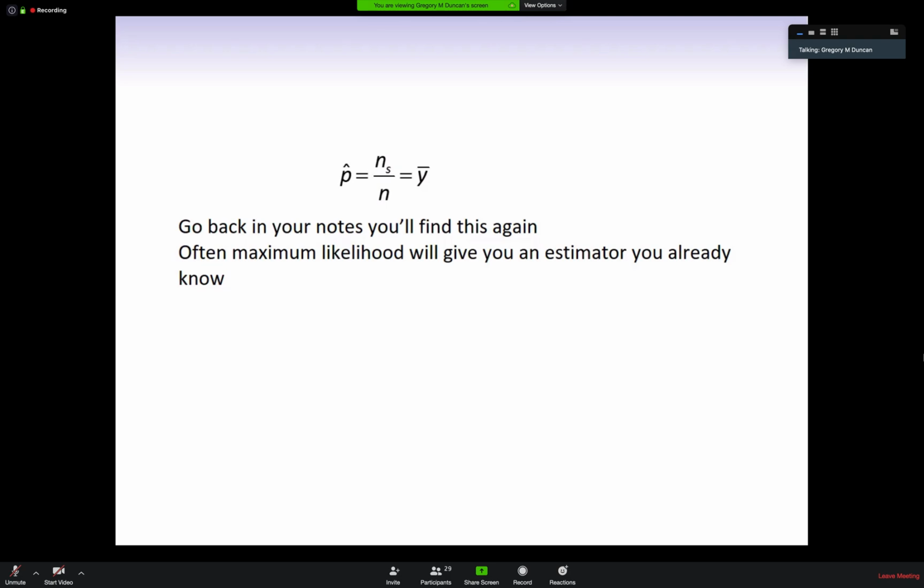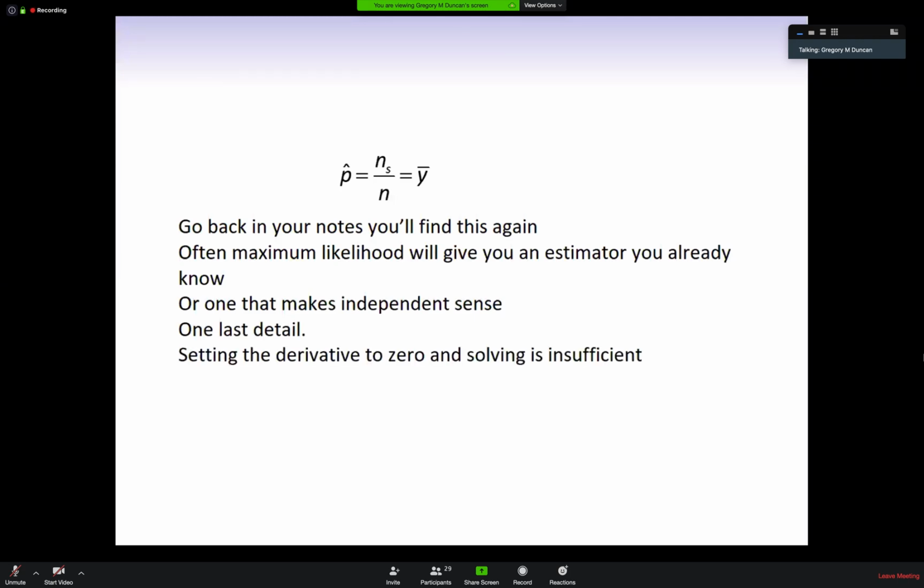You'll know automatically. You'll say, oh, it's a maximum likelihood estimator, so it has these properties. So oftentimes you'll have an estimator you already know, or one that makes independent sense, that when you look at it, you go, that makes a lot of sense to me. I can see why I would do that.